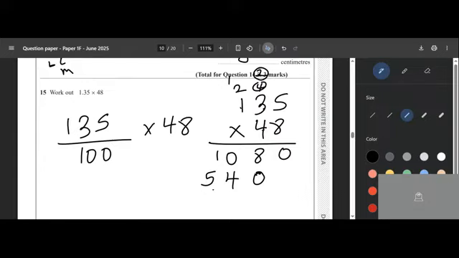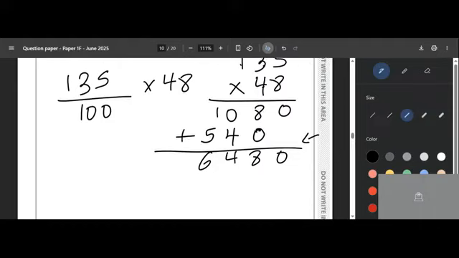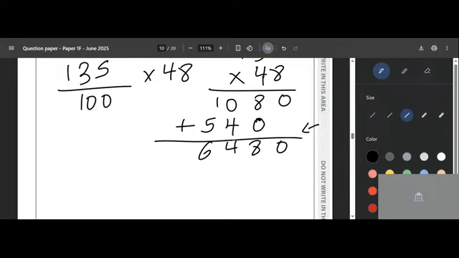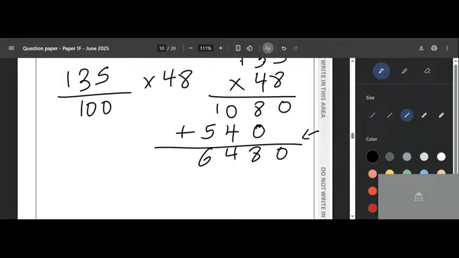So we realize that what we are supposed to do now is just adding. If you add, we have 6480. You always have to start adding from the right, going all the way to the left. Don't do what the teacher does sometimes. I have cautioned that to you. So we have this number multiplied. Remember, we are supposed to take now 6480 divided by 100.